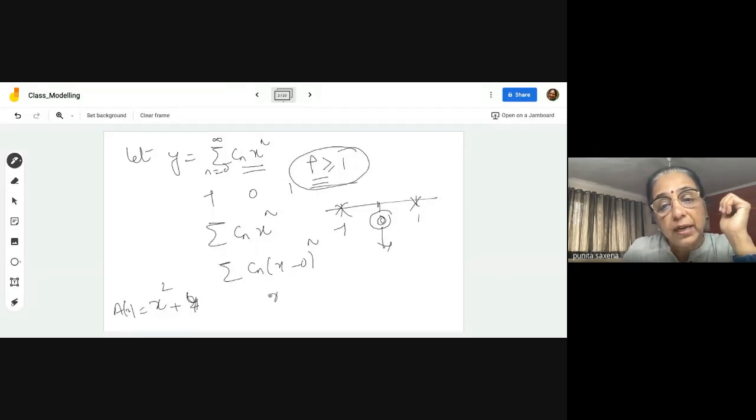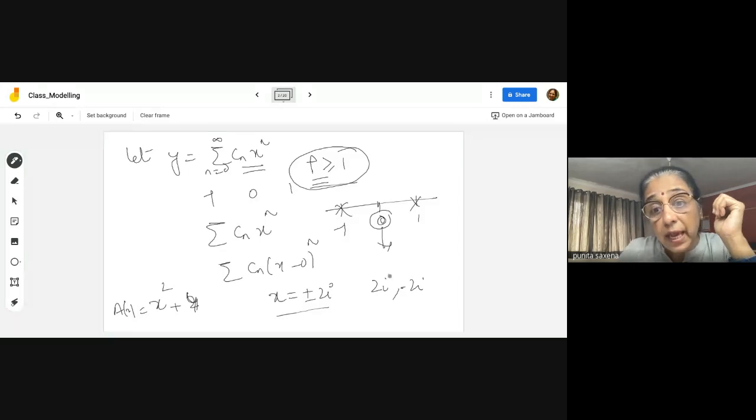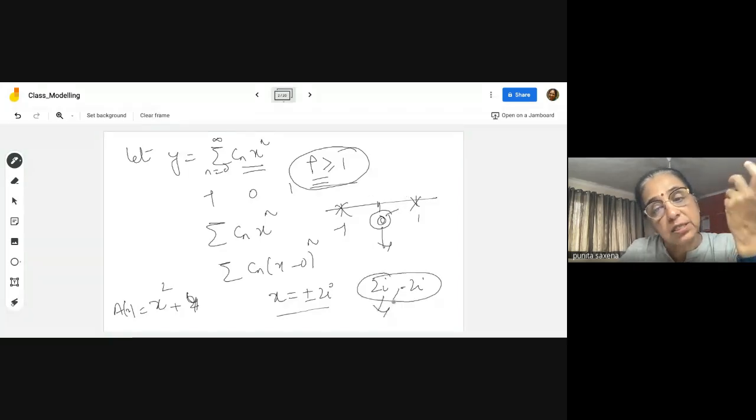So when does it become 0? That means when x is ±2i. So in this case, your singular points are not real, but complex. So we can talk of the distance of the ordinary point from the nearest singular point. That will also define the minimum radius of convergence in that case.